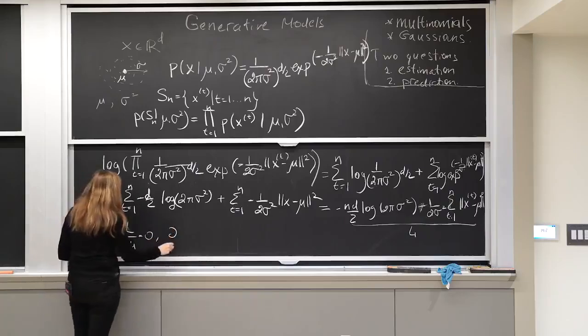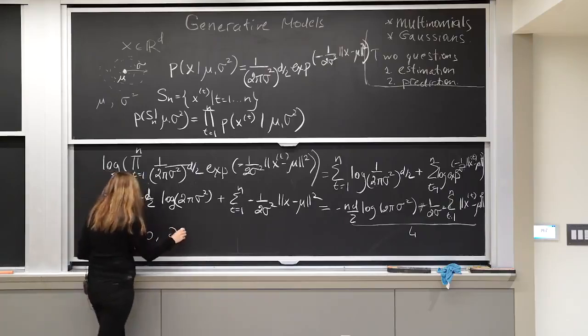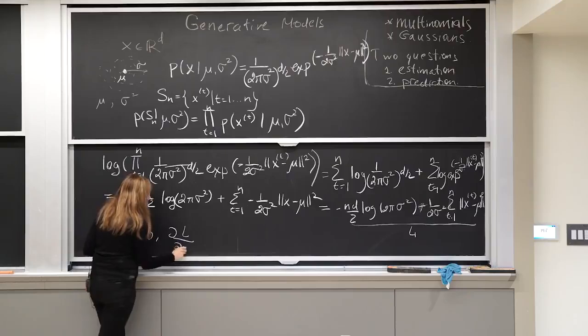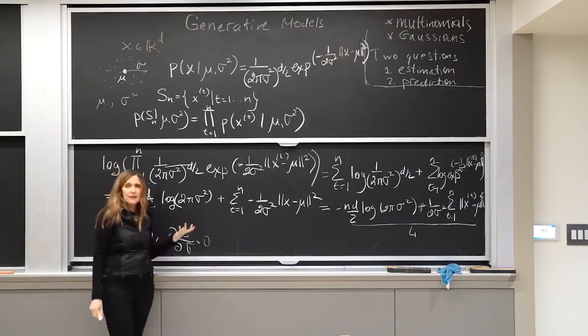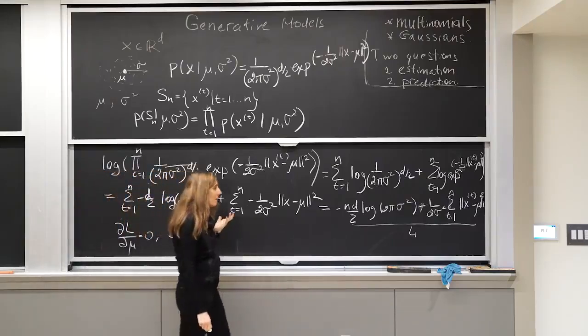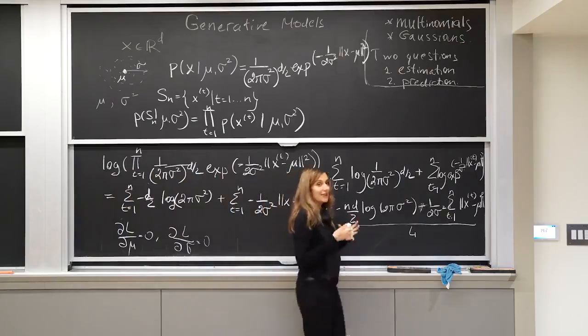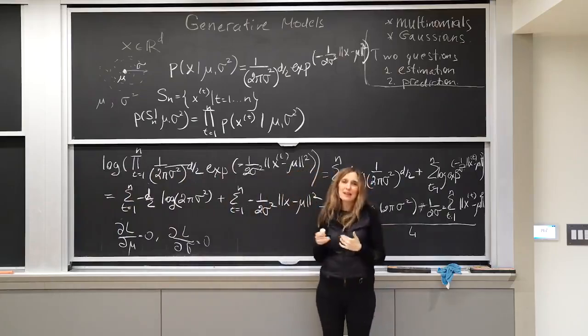And similarly, we are going to do the same with respect to sigma, make it equal to 0. And from there, we can compute the mu and the sigma. That will be your homework, to complete this computation.